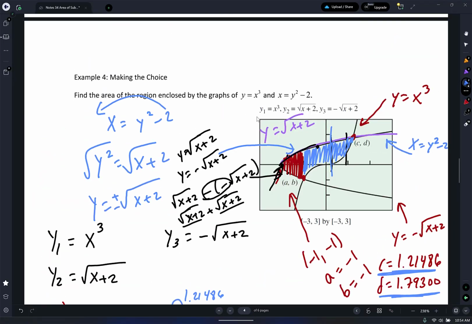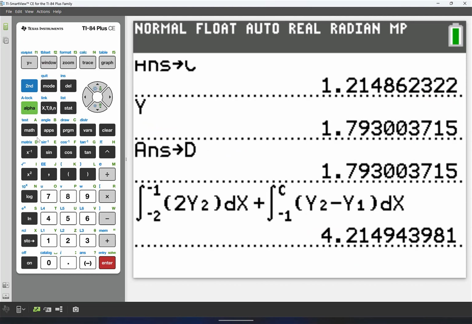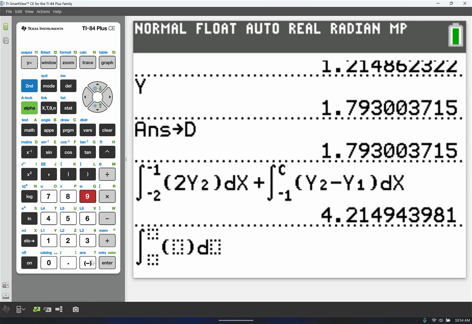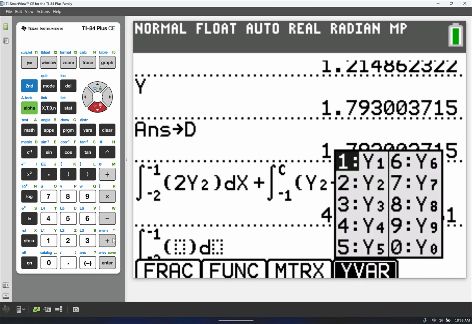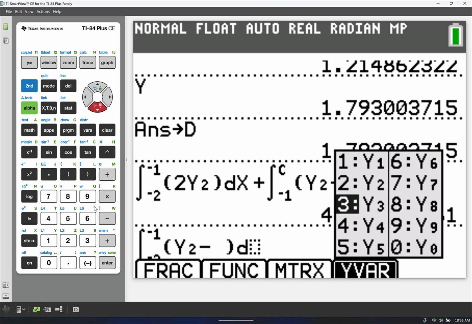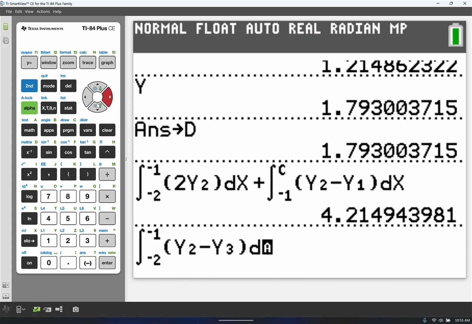If you remember that this curve right here was on y2 and this curve down here was on y3, you can do this and you'll get the same answer. Math 9, -2 to -1. And what did I say? y2 minus y3? Alpha trace y2 minus alpha trace y3 with respect to x.